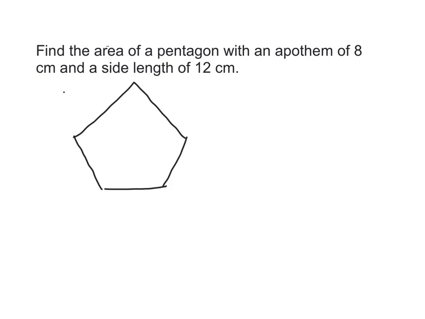And so what this is saying is that we have an apothem that drops down. This is 8, and a side length is 12. Okay, so we'd figure this out. You don't have to draw the picture by any means, because we're just given that the formula is 1/2 A times P. Well, I know side length is 12.